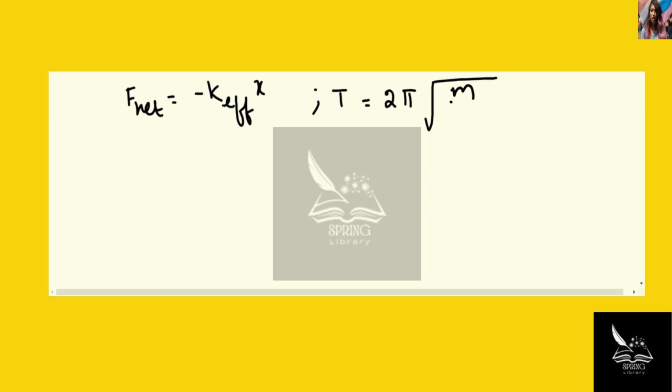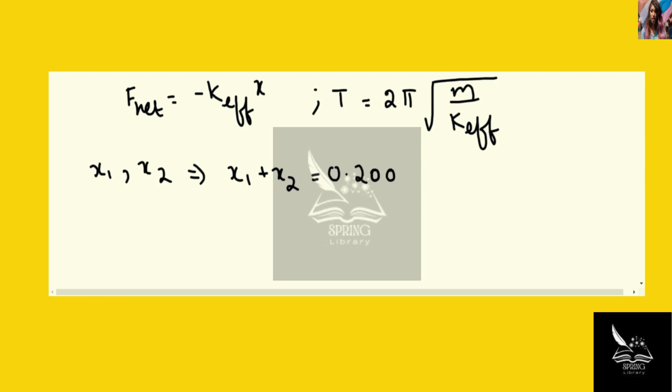We know that F net, or the net force, equals minus K effective times x, and the time period T equals 2 pi root of M upon K effective. So if the elongations of the spring are x1 and x2, then they must satisfy x1 plus x2 equal to 0.200 meter.